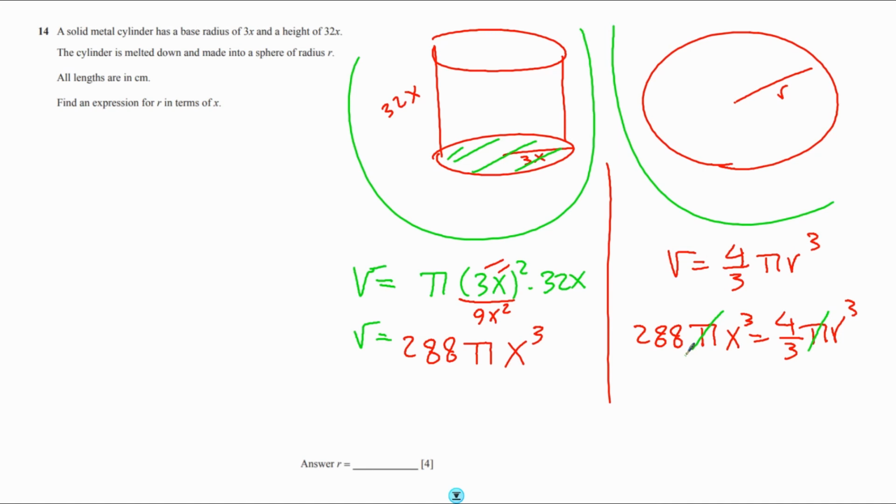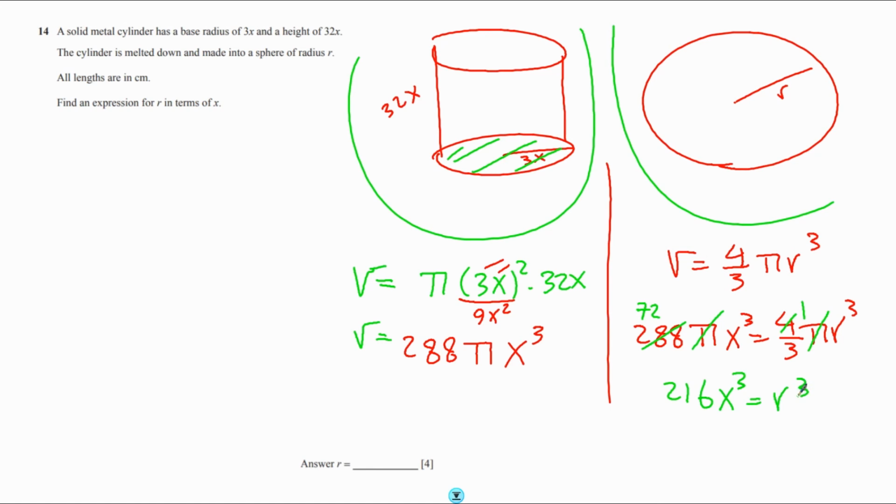If I divide both sides by 4 first, this would be 1, and 288 divided by 4 would be 72. Now, multiplying both sides by 3, we have 3 times 72, which is 216. 216 x cubed equals r cubed.